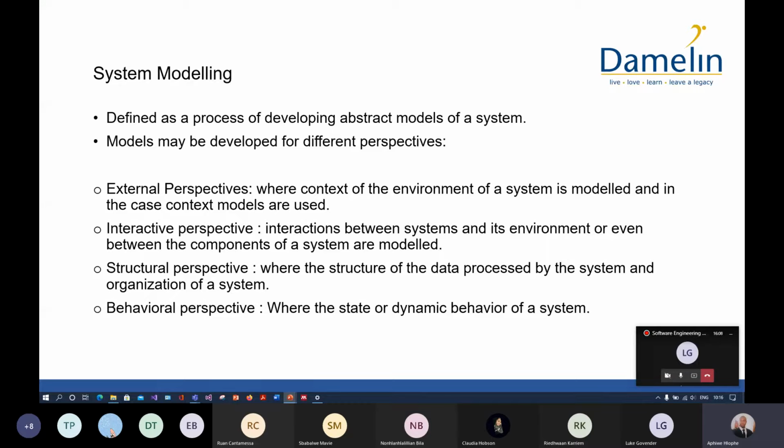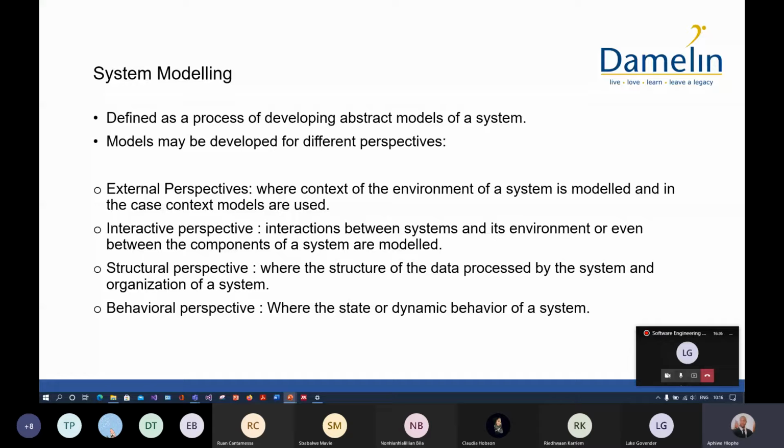And then we have what we call the structural perspective. The structural perspective speaks to the data. So what kind of data structures are we storing in our database? The ERD is a good example of a structural diagram because it shows the structure of the database.